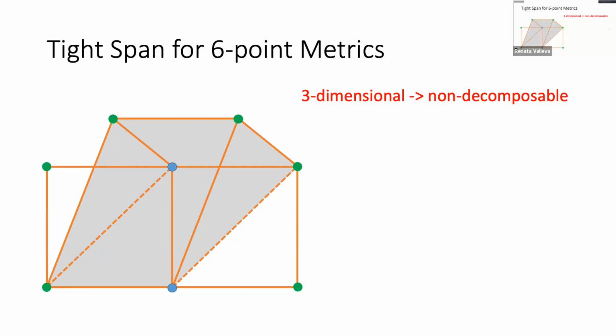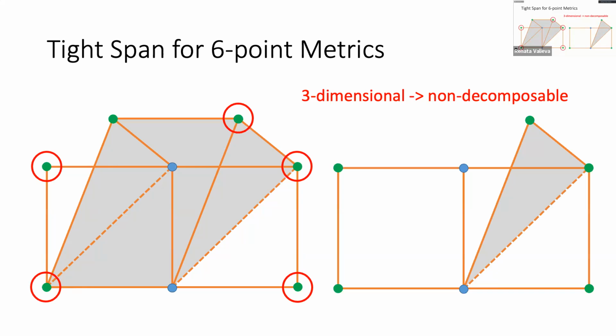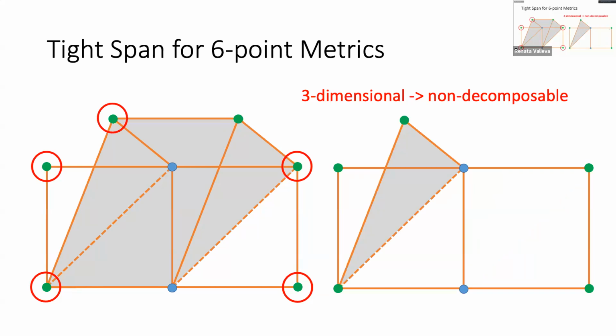So why is it 3-dimensional? If we look at a subset of 5 terminals, then this will be the aspect: a piece of paper with an angle standing up. We look at this 5, then it's going to be this aspect. But we have to accommodate everything, so eventually we have to accommodate the whole body.